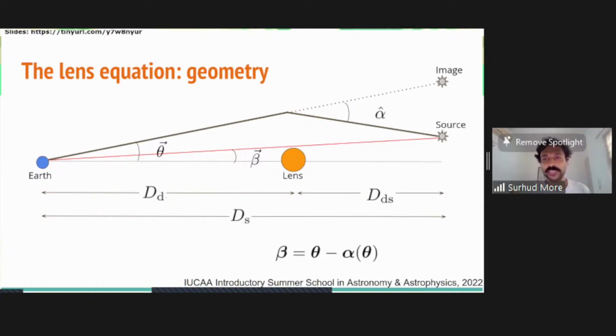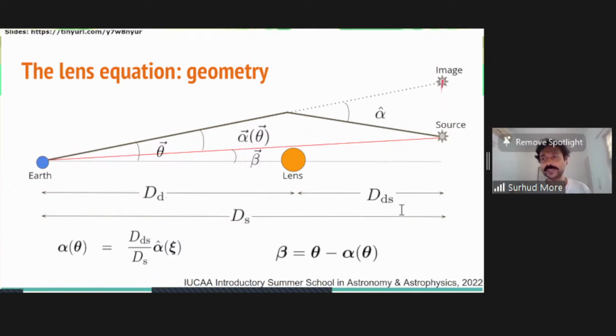Now, what I'm going to do is define a new angle, which is this alpha here. And the way to relate this particular alpha with this alpha hat here is the following. You can consider the distance between this imaginary location where the image is forming and the source itself. This distance is given by alpha times the distance between Earth and the source. So Ds times alpha is this distance.